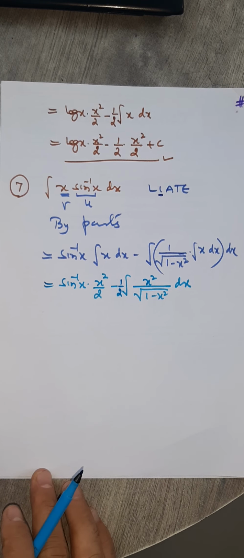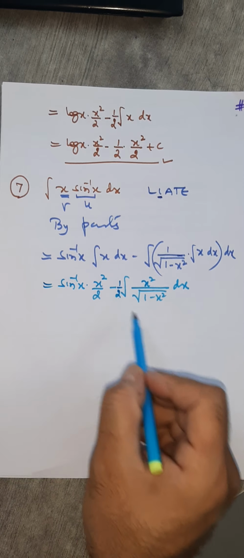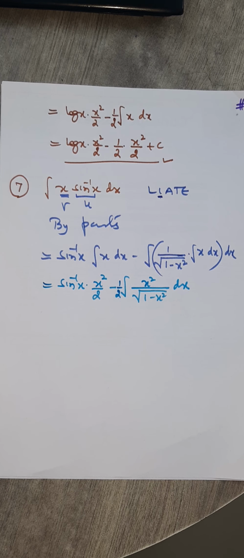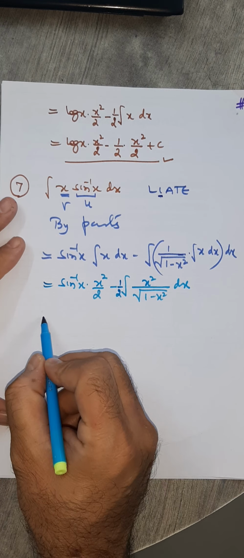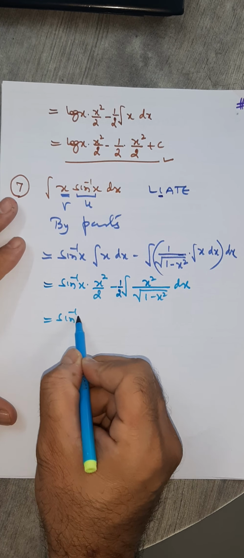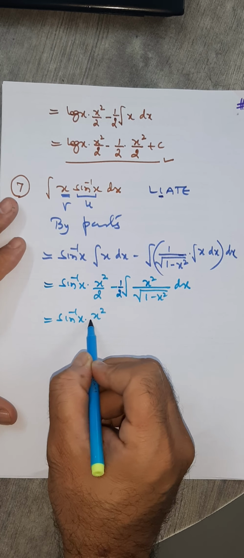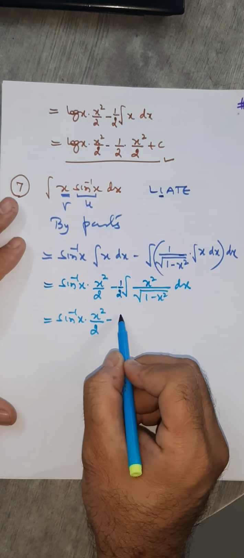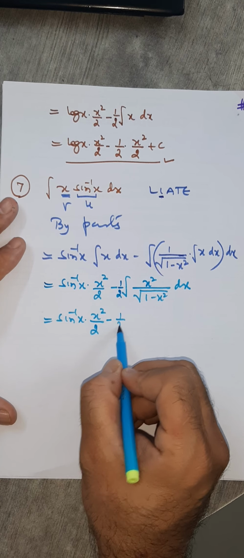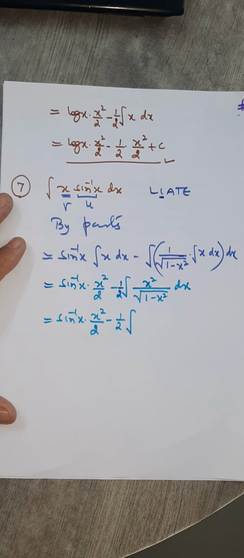Now, the question is how we'll integrate this. So you need to recall one of the earlier methods. I'll keep this as it is: sine inverse x into x square by 2, and 1 by 2 as it is. How will we integrate this? This is the question.